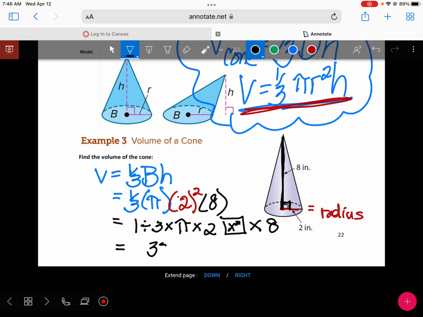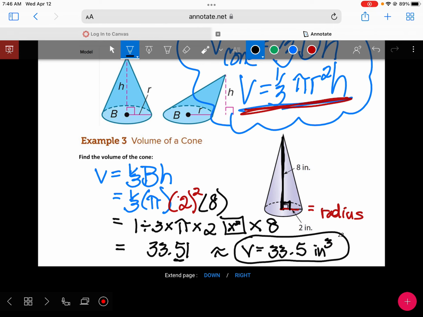Very good. 33.51. If we round it to the tenths place, volume is 33.5 inches cubed. What questions do you have about that? Finding volume of three-dimensional objects is actually easier, I think, than surface area.